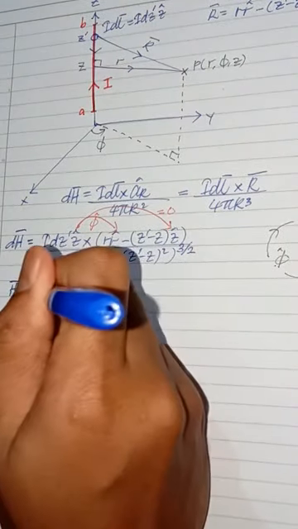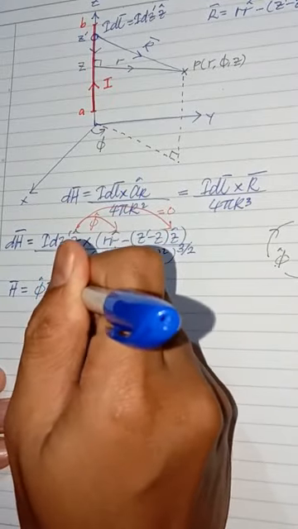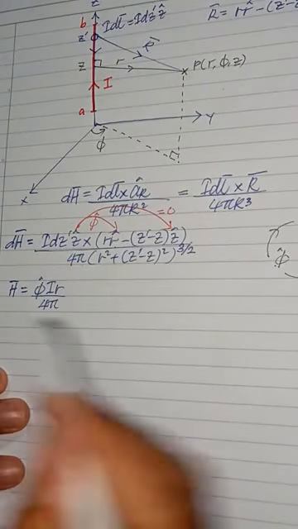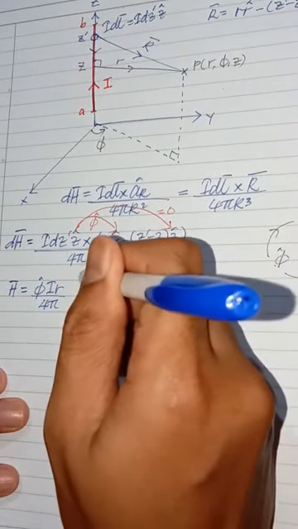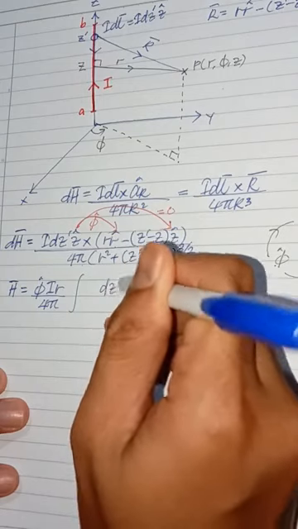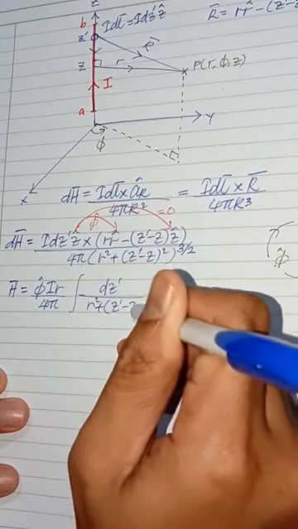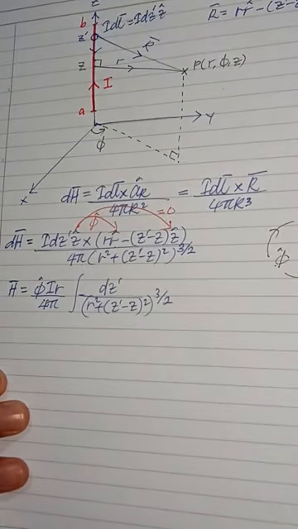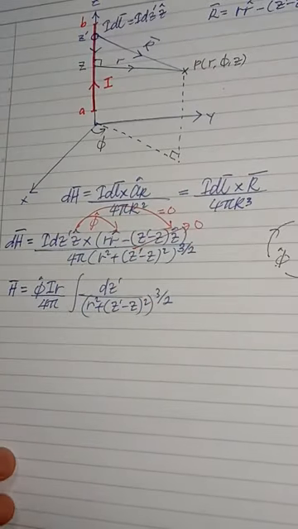So we have here the output is phi just now, then here I r over 4 pi, and then now we have to integrate dz prime over r squared plus z prime minus z squared to the power 3 over 2. Alright, because we already lost this term, we don't have it anymore, it becomes 0. So now we have to integrate this part.